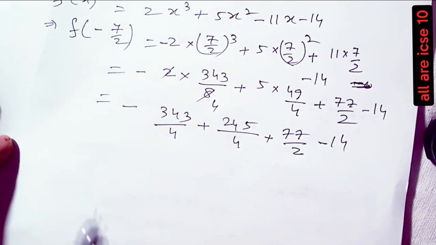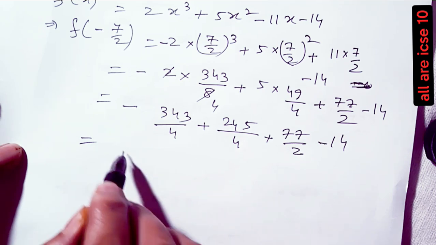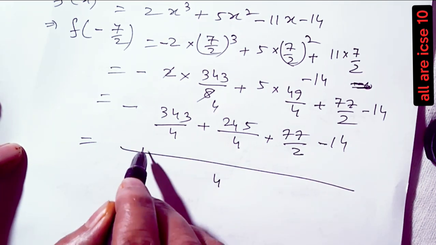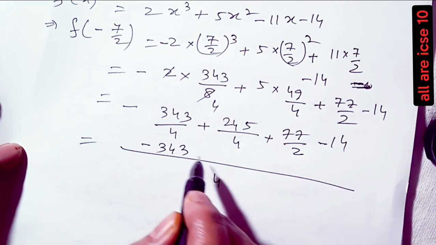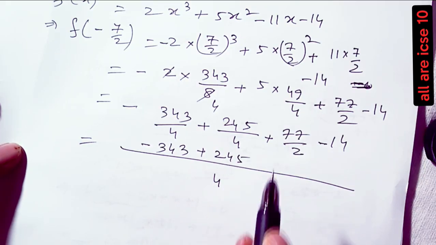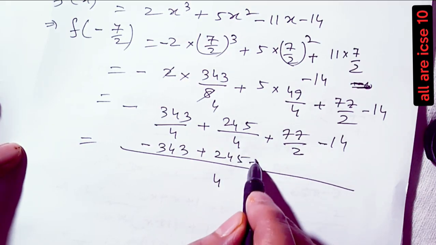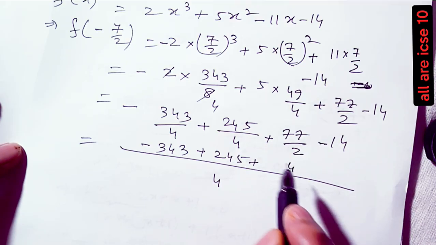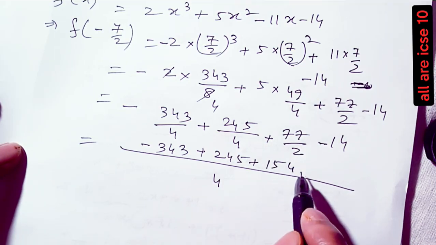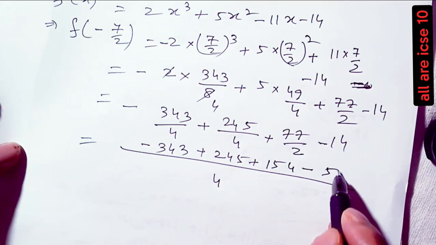Now add this with LCM 4: minus 343 plus 245 plus 154 minus 56.